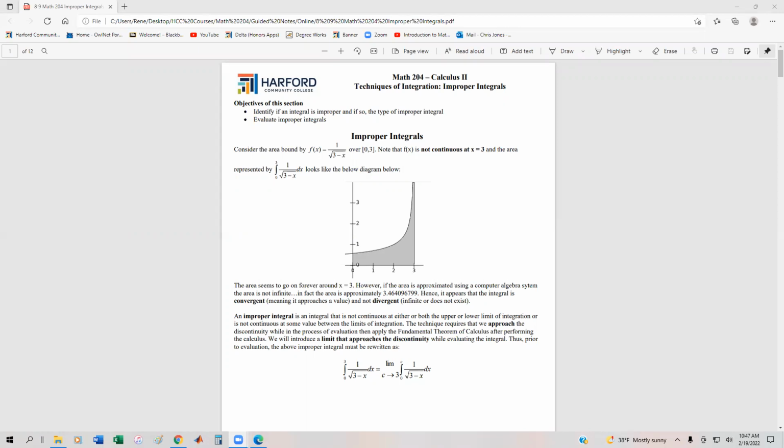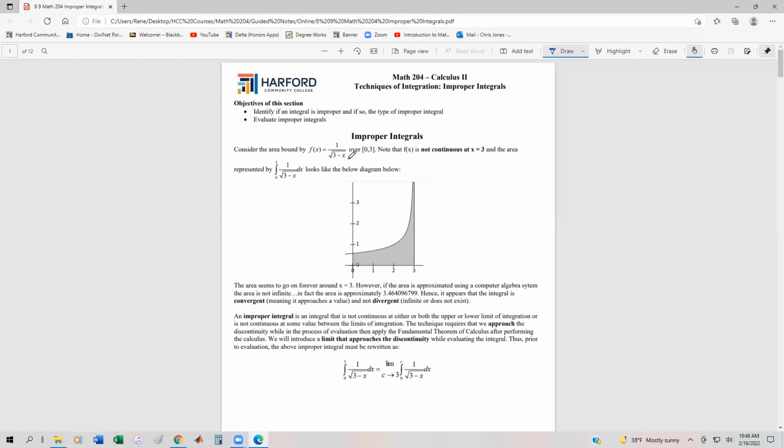There are actually three different types of discontinuities we're going to look at, but just as an example of what an improper integral looks like, we have the function 1 over the square root of 3 minus x from 0 to 3, and we certainly know we can't plug 3 in.